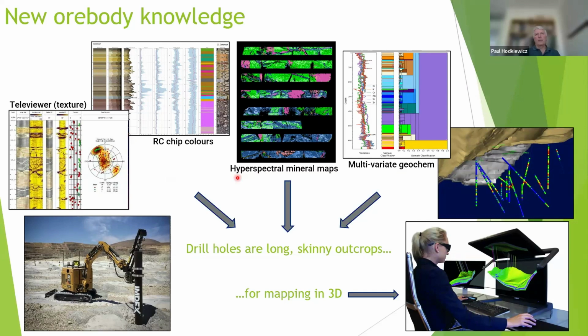This is a hyperspectral mineral map from CoreScan, highlighting the different mineral assemblages, whether they're clays or silicates. So really clear mineral mapping that is very hard to do reliably with the human eye. And then this is an example of how we might interpret some of that.